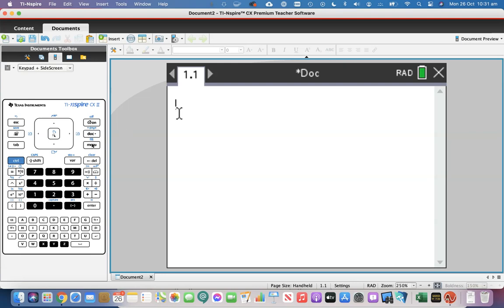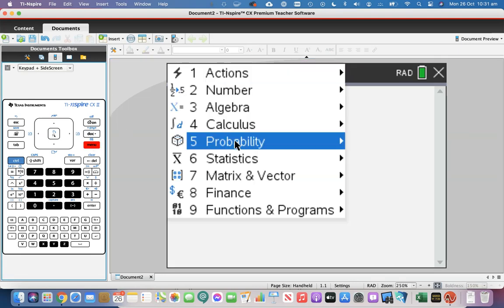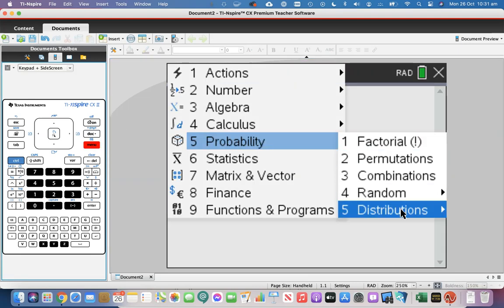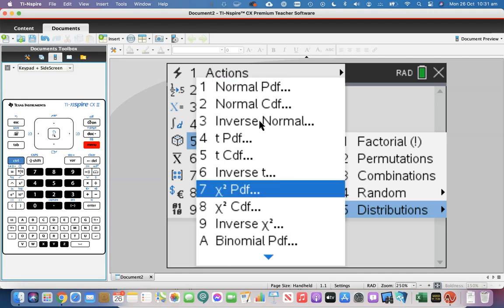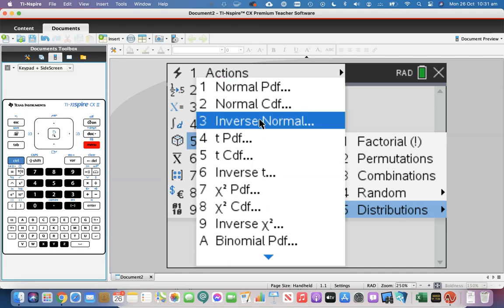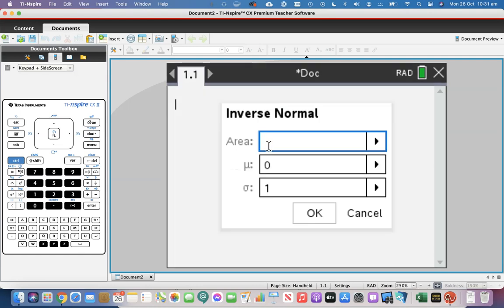I'm going to go to probability, distributions, and I'm going to go inverse normal, because with the inverse normal, it asks you for the area. And remember that the probability is the area under the curve, or the area under the curve is the probability. And we're told the probability is 0.17. And this time I'm just going to leave 0 and 1.